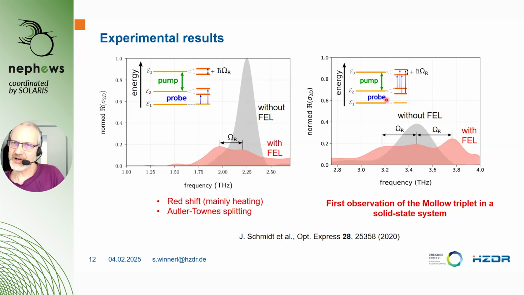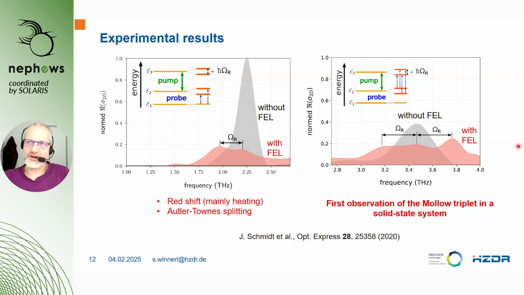We can do the same experiment, pumping and probing the upper transition, where there are these four possible transitions indicated by the blue arrows here, and this makes a splitting into a triplet. This is named the Mollow triplet, and in fact this result is the first observation of this Mollow triplet in a solid state system.